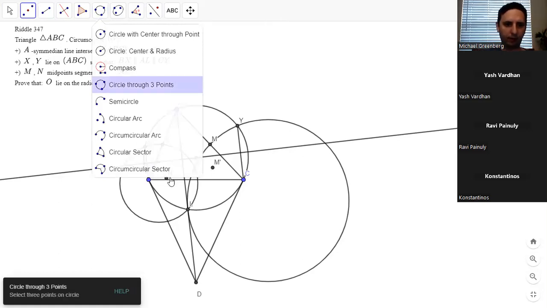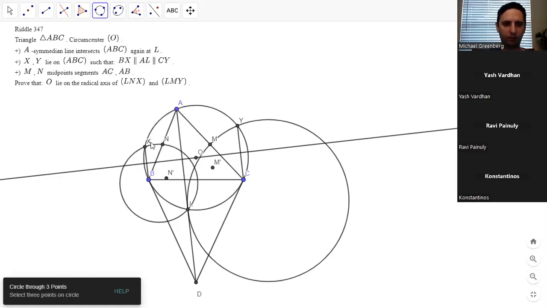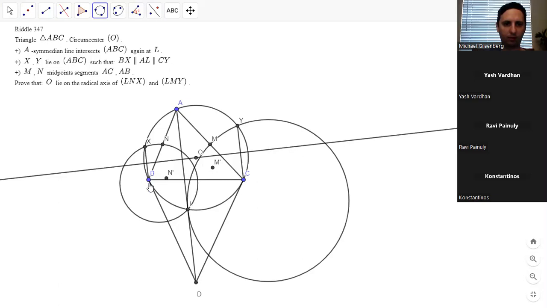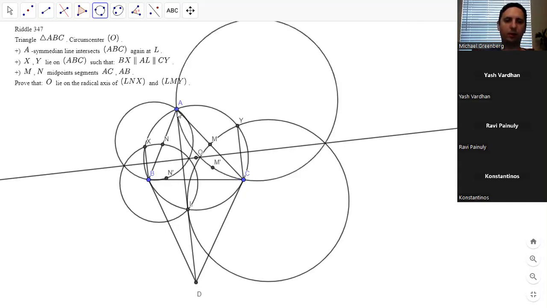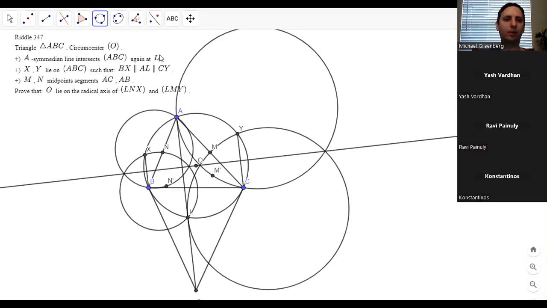Basically, instead, it would be B, N prime, A and C, M prime, A. It's the same as showing that O lies on the radical axis of those, right? N goes to the midpoint of XL.